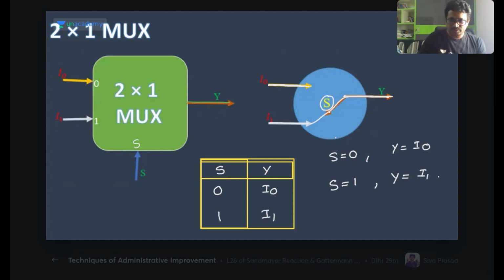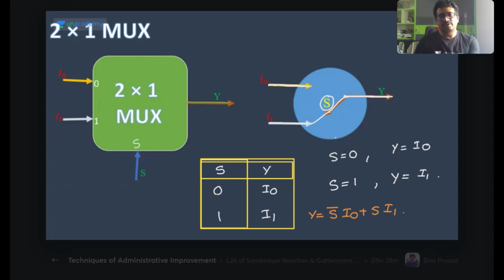Isn't it? So from this we can write the general expression of Y. Tell me how I should write this expression of Y. When S is equal to 0, it means S bar into I naught, plus S into I1. This is the general expression of this multiplexer.